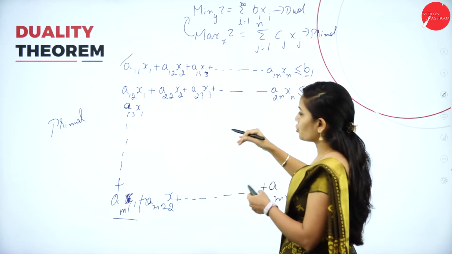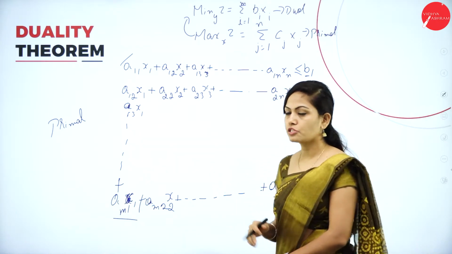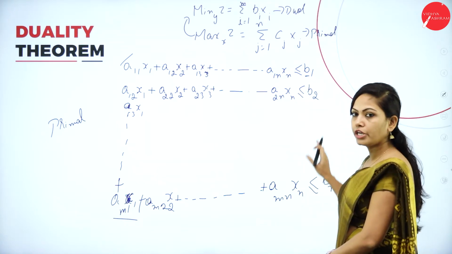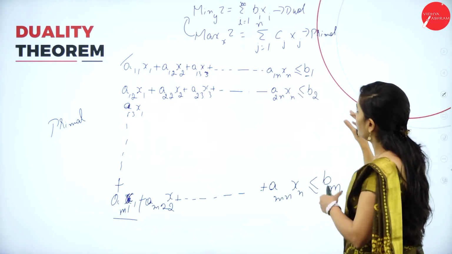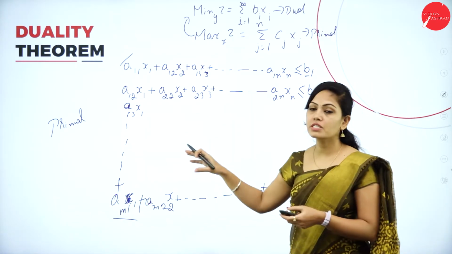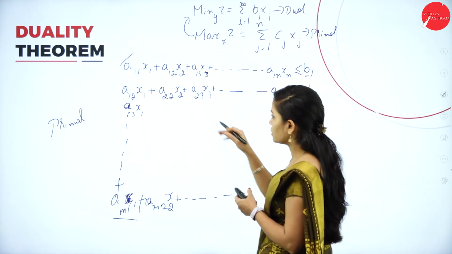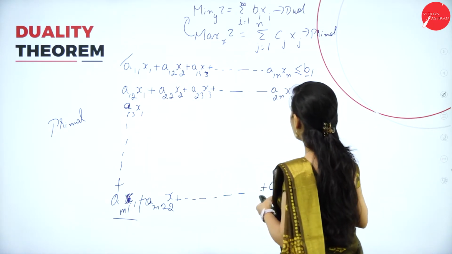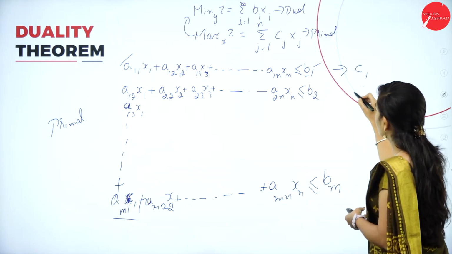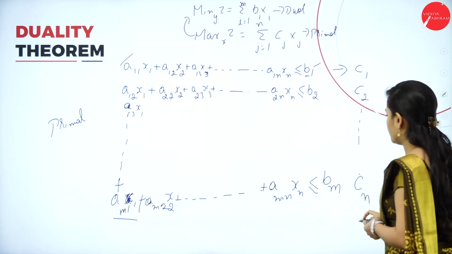So here, how to convert this original problem to duality? You just observe this LHS and RHS. Your RHS value will move on to the objective function. So now how to convert this original primal problem to dual. All the b values will change to c1, c2, c3 up to cn.